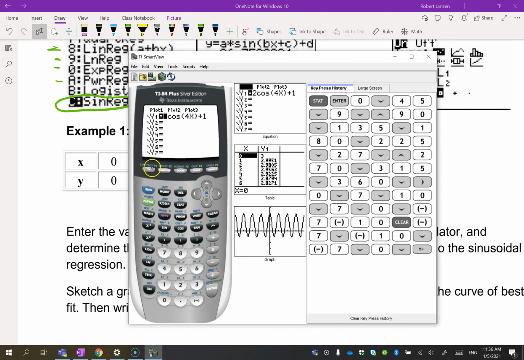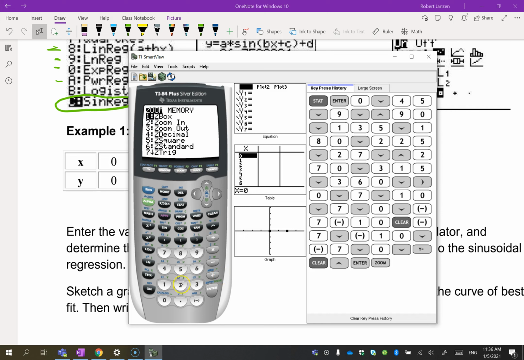Now what I need to do is go here. I'm going to clear this, turn my plot on. Okay, and I want to graph this. So I'm going to go zoom 7. Sorry, I used trig. I should go zoom there. Okay, so you can see what it looks like.